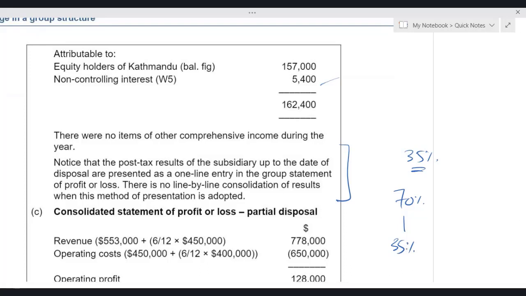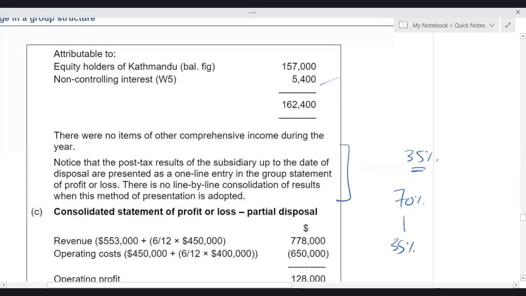Even though the company becomes our associate, can I say the control is lost? Yes or no? So simply, for the first 6 months we will be consolidating it, and for the last 6 months it becomes our associate. And for an associate, in the P&L, you just need to calculate income from associate. That's it.